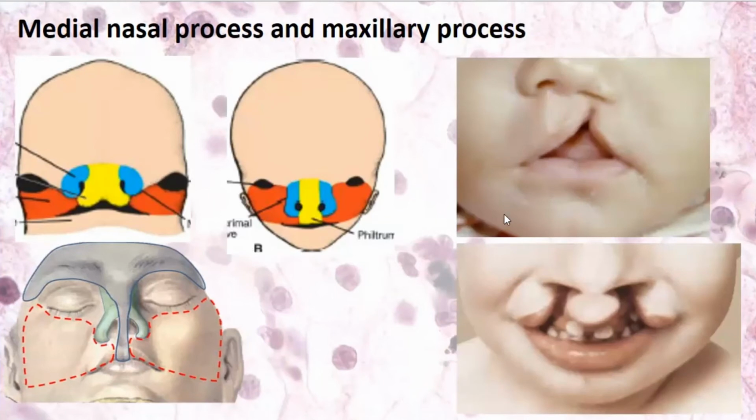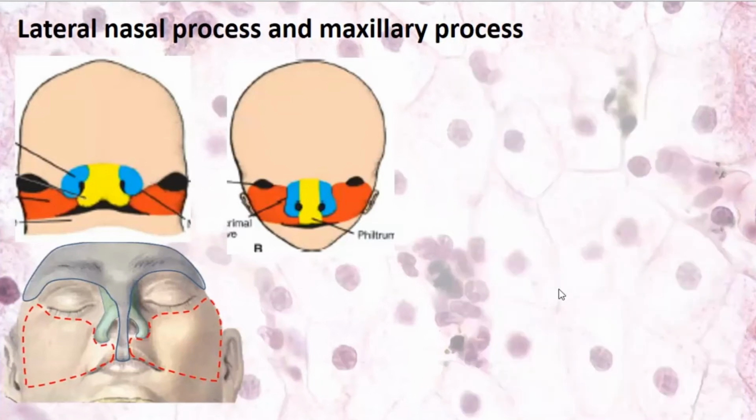And here we can see mistakes of this fusion. It may be on one side, on two sides sometimes, and it's a mistake of fusion of medial nasal process with maxillary process, and in normal conditions they should be attached completely during the embryogenesis.